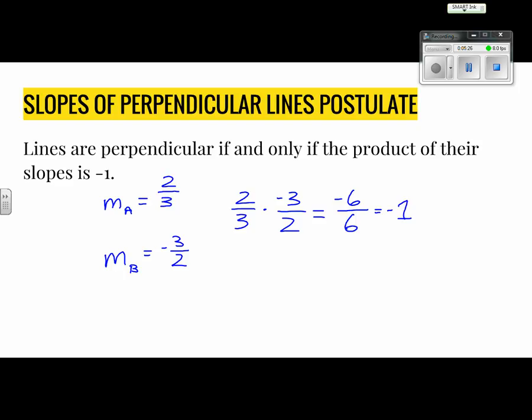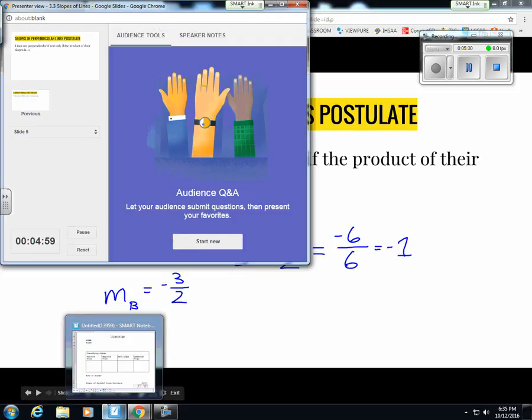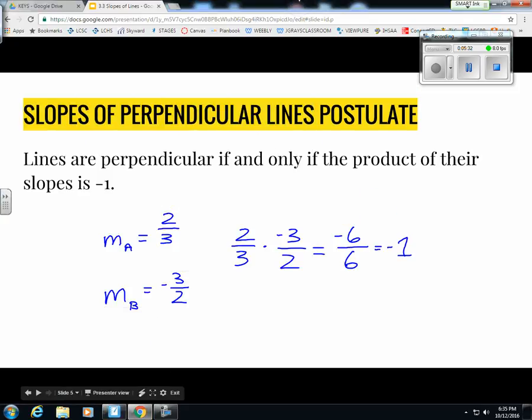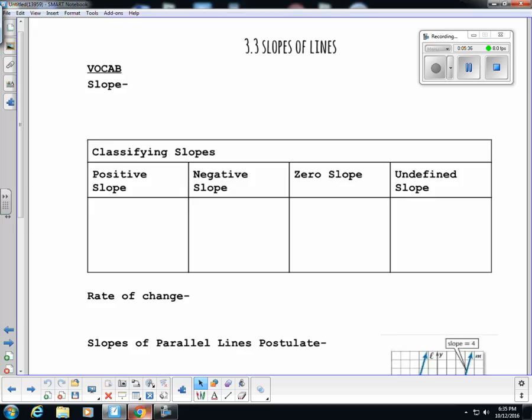All right. Now I'm going to get away from this and go to this grid right here. Again, you need to have some general knowledge about when you look at a line, whether it has a positive or negative slope. It has a positive slope if it looks like this.